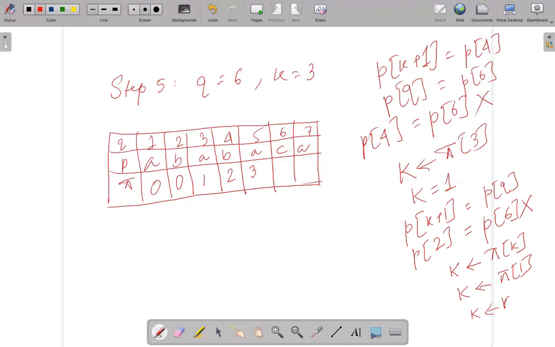Okay, so now k has become 0. Now you come out of the while loop because your k has become 0, and now you check whether P0 plus 1 is equal to P6, which is also not true. Therefore, your pi 6 is set to the value of k, which is 0. Therefore, you have at position 6 the value of pi set to 0.